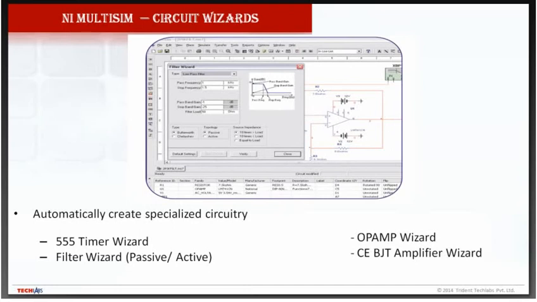We can give only the properties of the circuit, how it will be, whether it is a low pass filter, what the frequencies will be, what the pass band gain will be, what the stop band will be, whether it is a Butterworth filter or Chebyshev filter, passive or active filter. Put in all those details and first verify whether all the details we have put in are correct or not. Then if we click on generate or build circuit, it will automatically create that circuit in our main window.